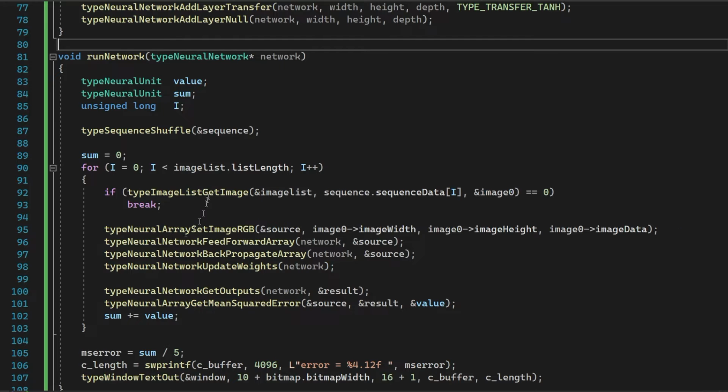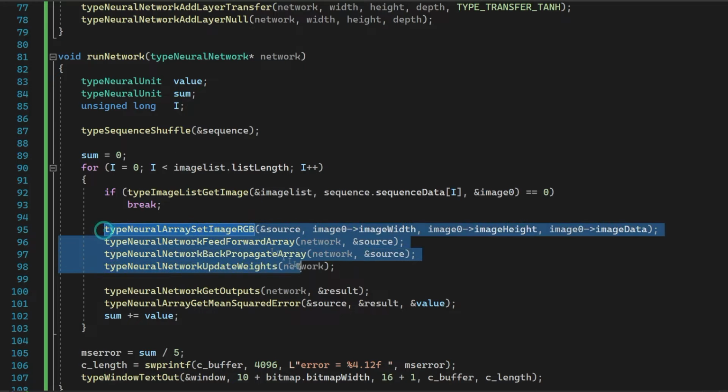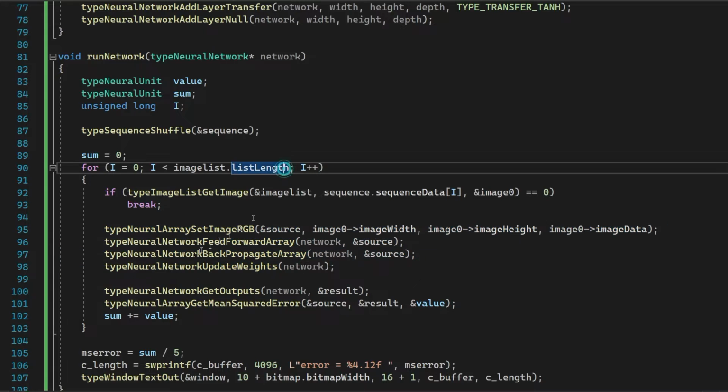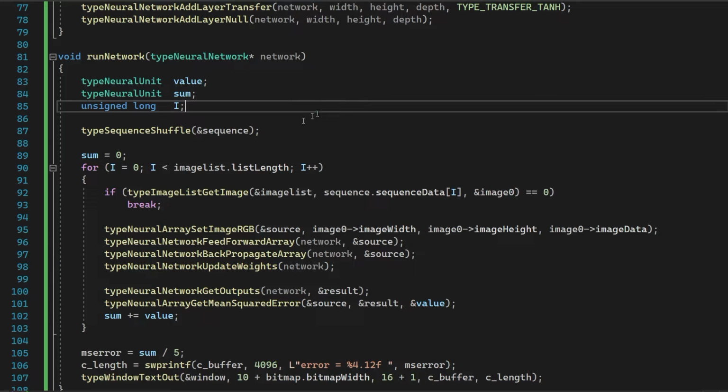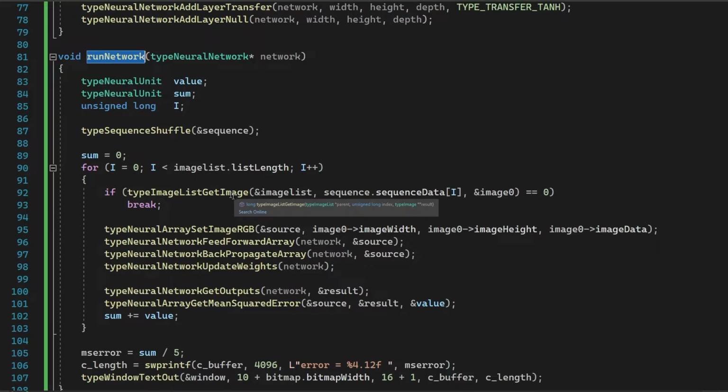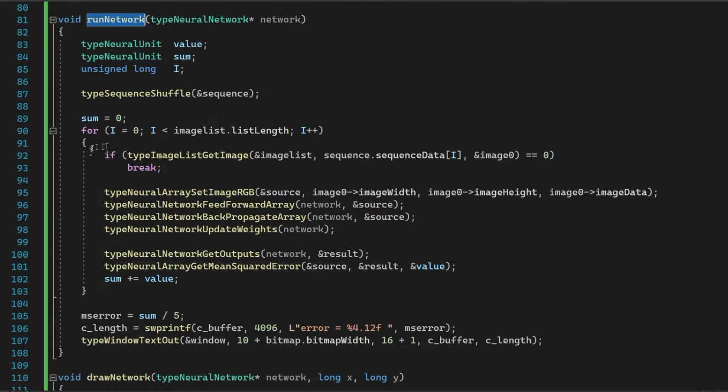Okay, draw network. What does it do? It just draws the output of the network. No, run network, not draw network. It takes an image from the image list, copies it into the array, and then feeds forward, backpropagates, and updates weights. That's for learning.